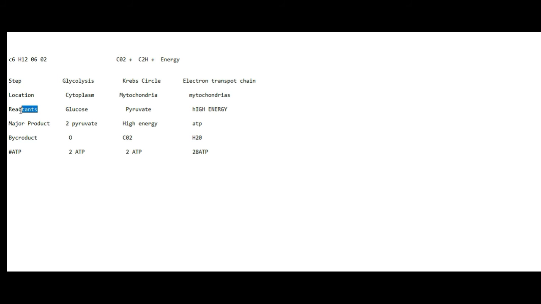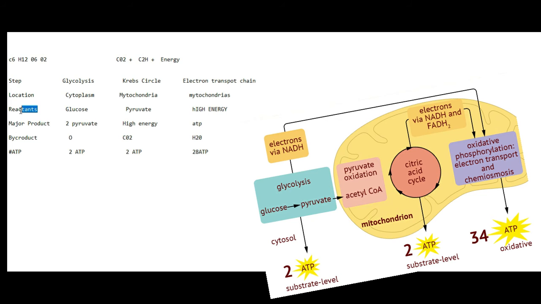This process is anaerobic, which means we do not require the presence of oxygen. The major product of glycolysis is a molecule known as pyruvate. Glucose is a molecule with 6 carbons, while pyruvate only has 3.